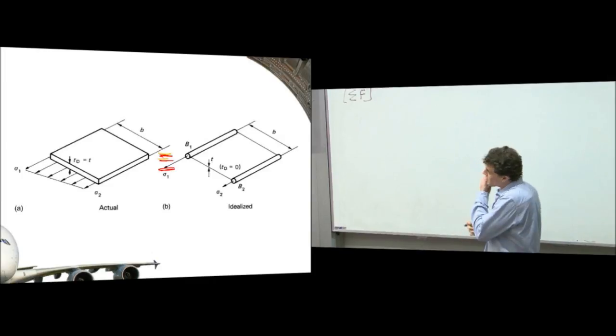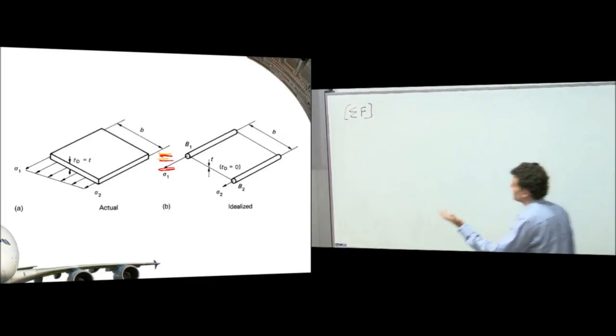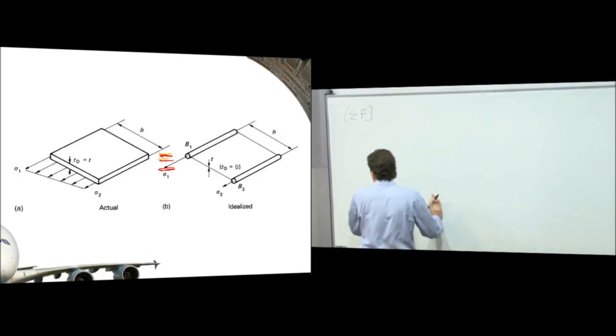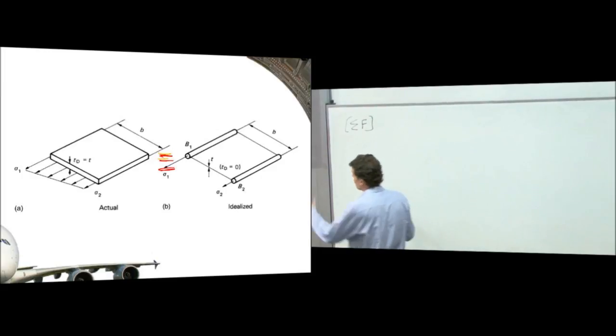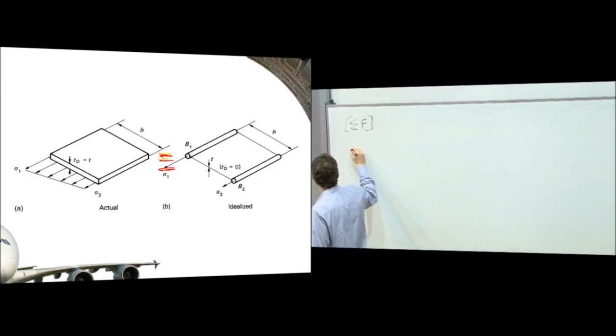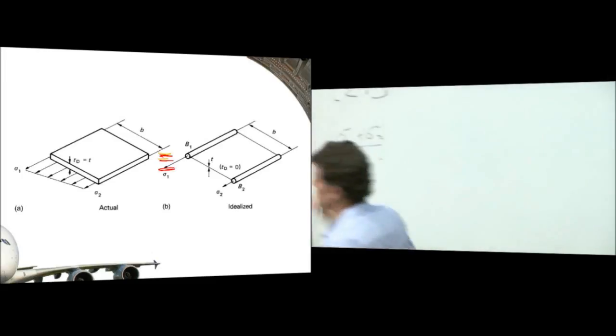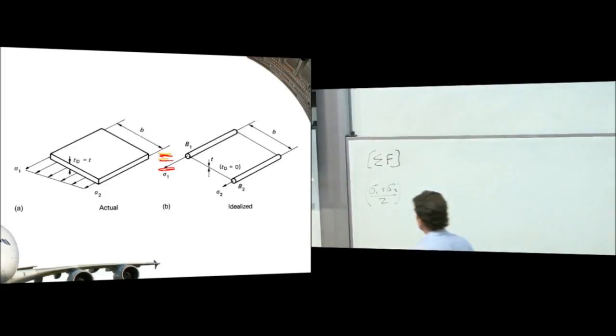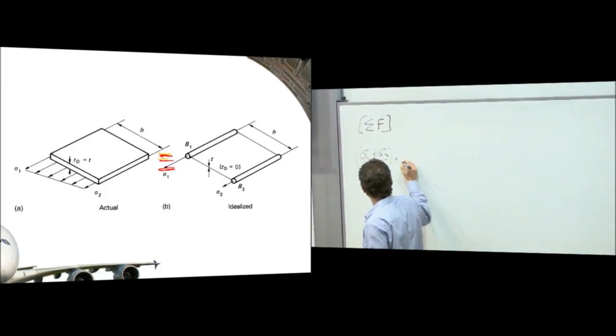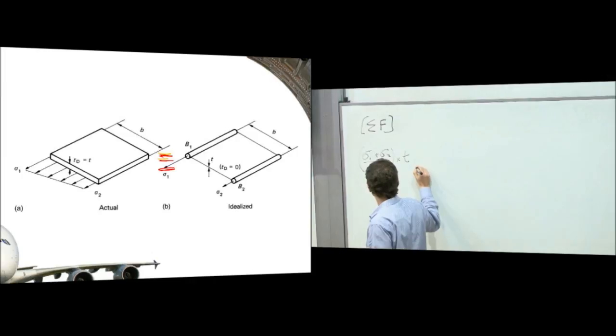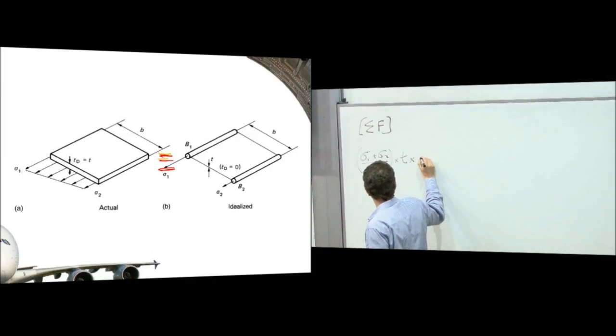Okay, so the force acting on the plate on the left-hand side is the average stress. So the average stress is (sigma 1 plus sigma 2) on 2, times the thickness, times the width.